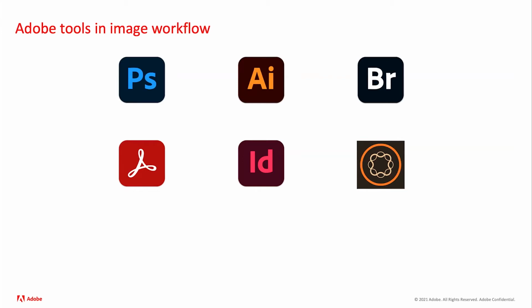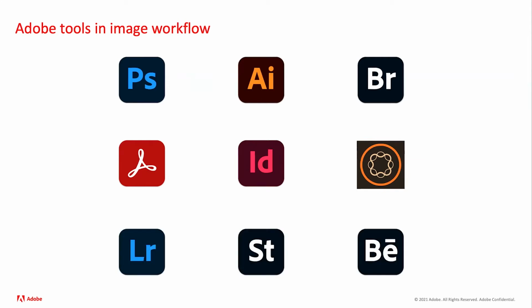So the AEM assets and AEM sites. And then we've got a variety of other creative tools, Lightroom, Stock, Behance, and this is just some of the big names that we have for products, but there's a lot of surface area across Adobe's products for these new metadata fields.